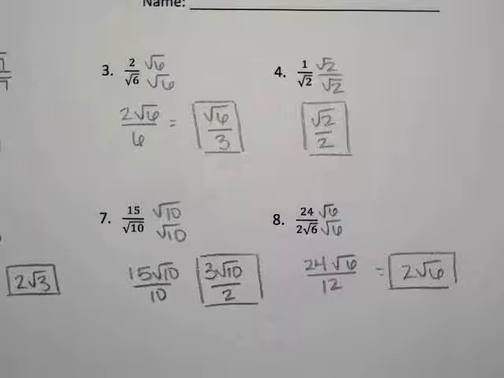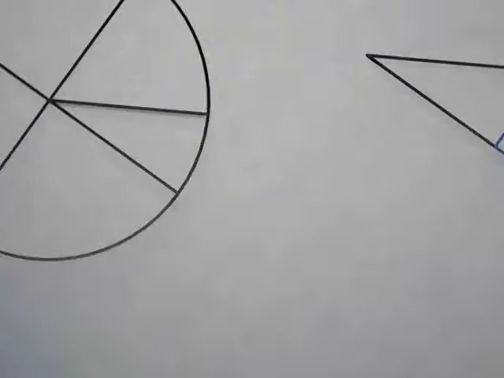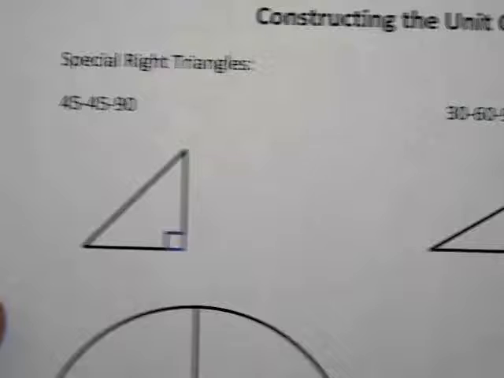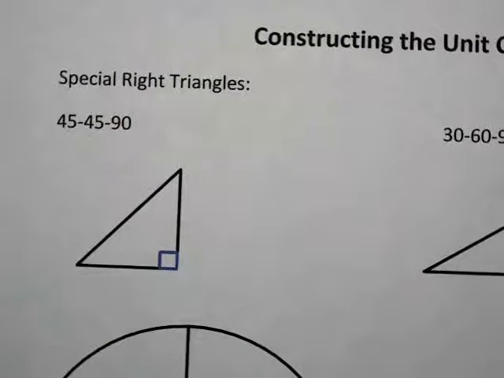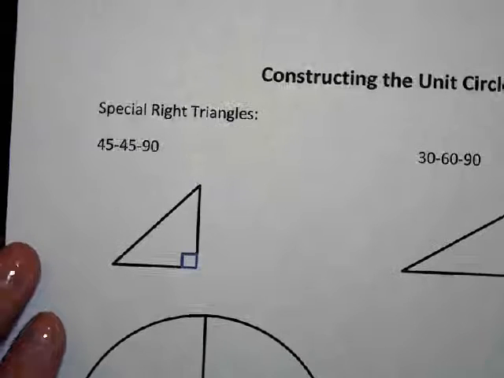All right. Let's move on to our constructing the unit circle notes. We're taking a flashback to Math 2. Another flashback to Math 2. This whole lesson today is a flashback to Math 2.